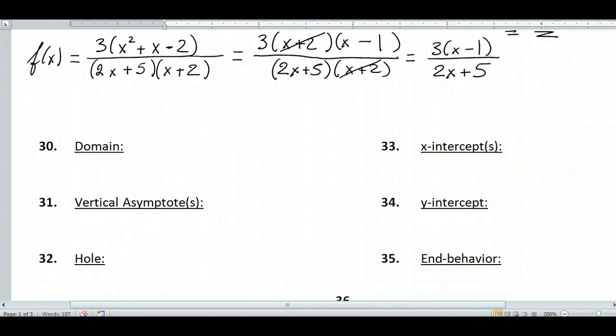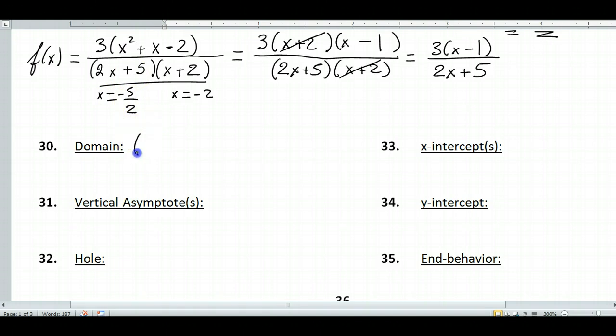All right, so domain. Now for the domain, be careful, you have to read this one, okay? Don't read the simplified version. So we get x equals negative 2 out of that, and we get x equals negative 5 halves.